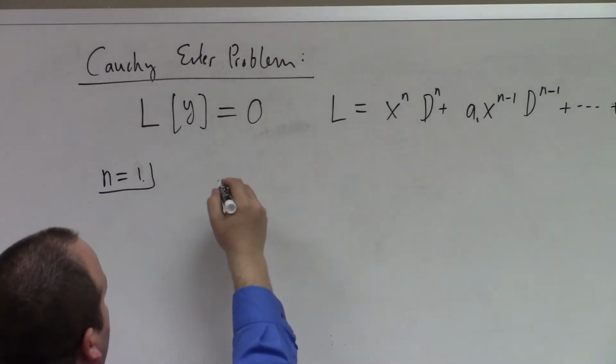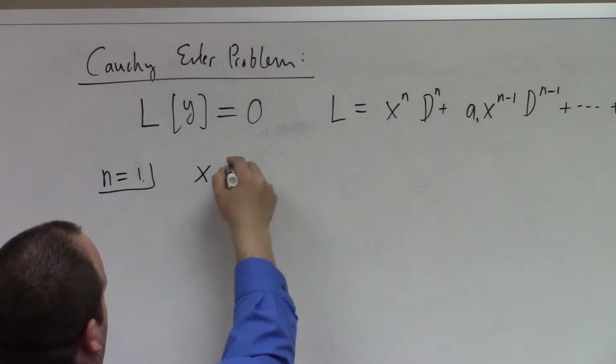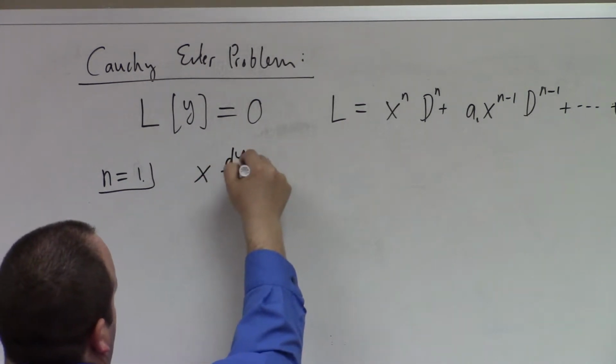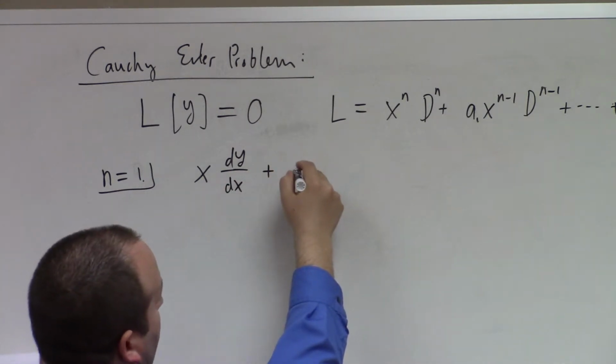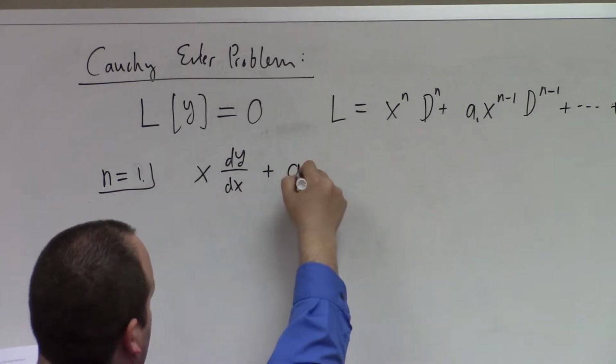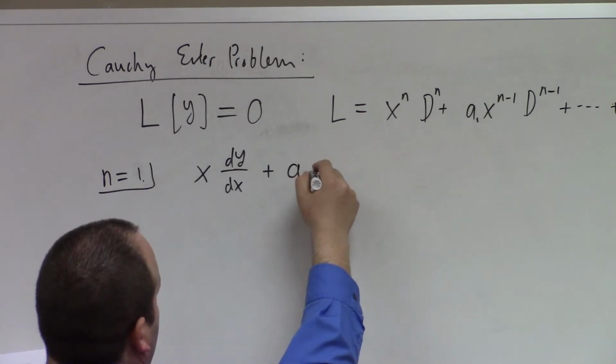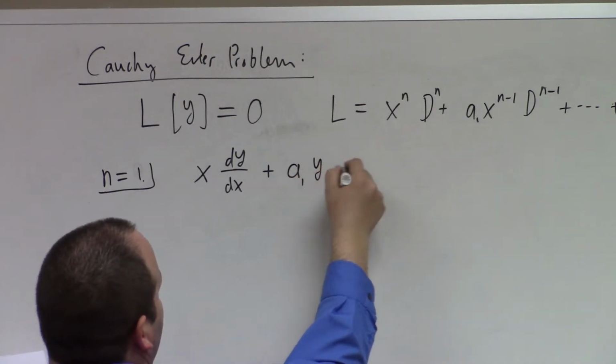It looks like x times dy dx, plus some constant, which I would call a1, times y equal to 0.